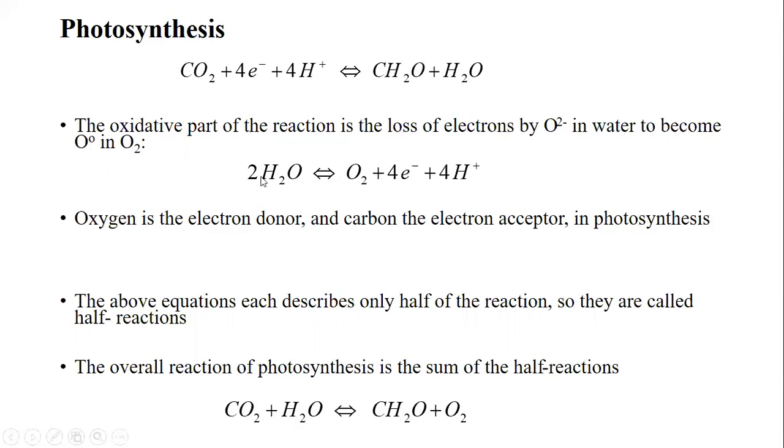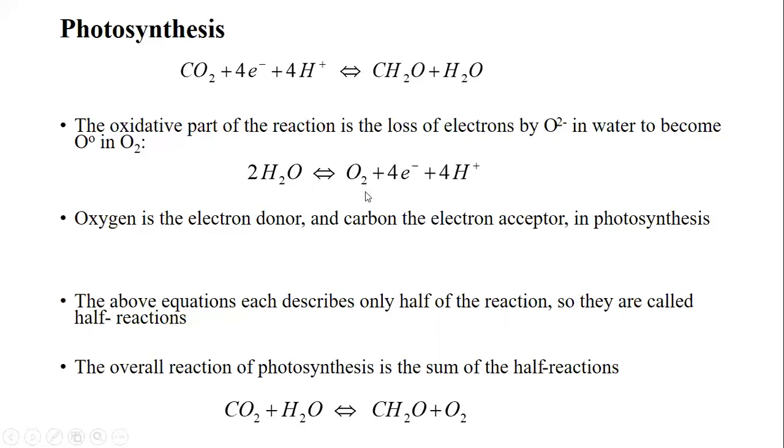So 2H2O, the oxidative part. Remember, there are two parts of this photosynthesis, an oxidative part and a reduction part, or reductive part. So this is the oxidative part, 2H2O. Remember, this is oxygen in water.